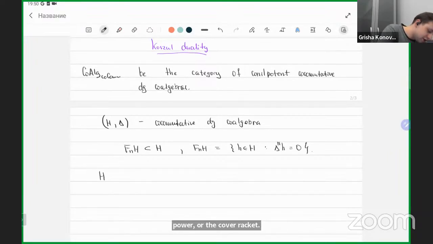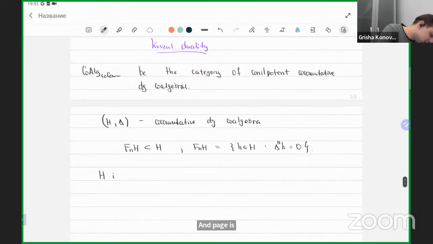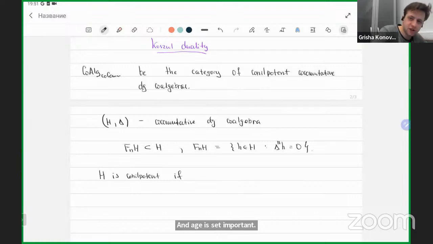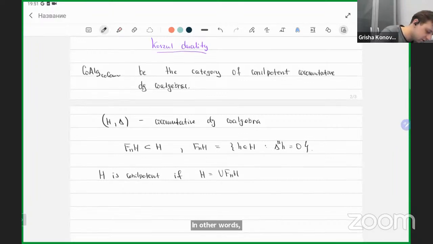And H is called conilpotent if this filtration is exhaustive. In other words, H coincides with the union over the filtration.